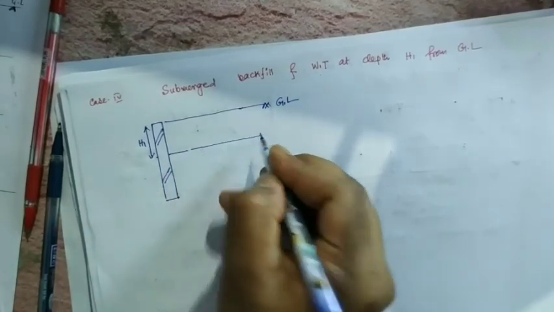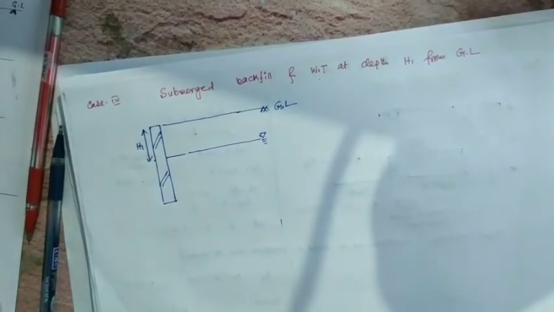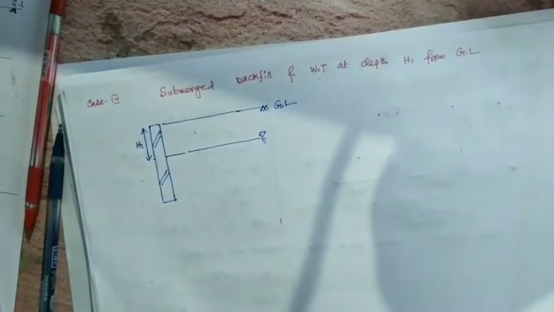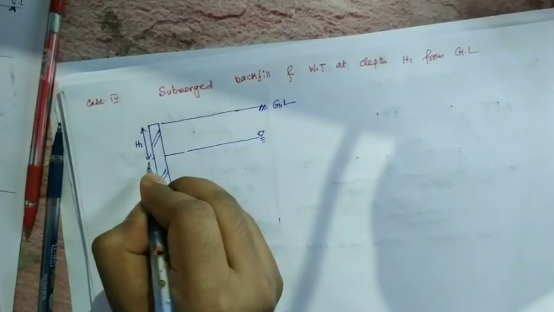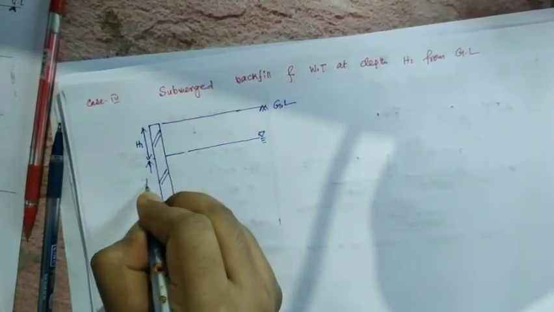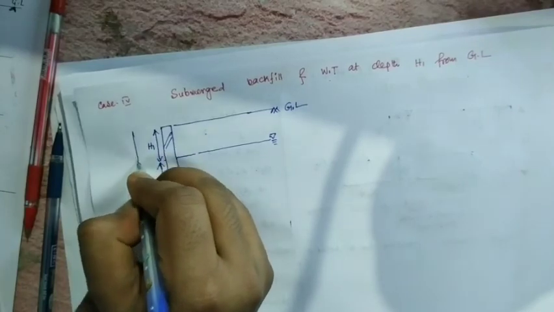We can simply draw the water table. Now I am taking the rest of the depth as h2, and the height of the retaining wall is h. That means h is equal to h1 plus h2.